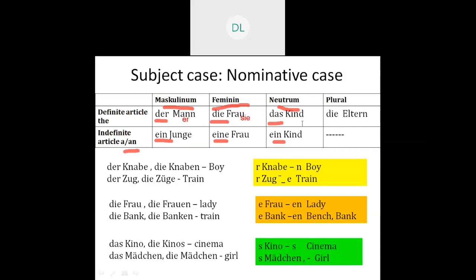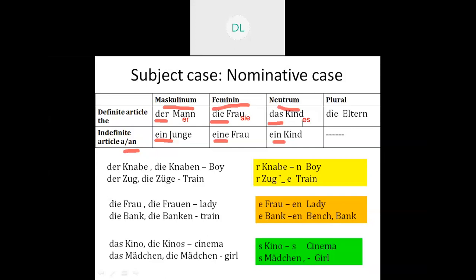On the same grounds, if I wanted to substitute das Kind, it is neutral, it has to be with es. So I suppose you would have understood. Now I am just taking you a bit ahead. Wherever there is a gap of communication, we'll try to fill up those gaps.